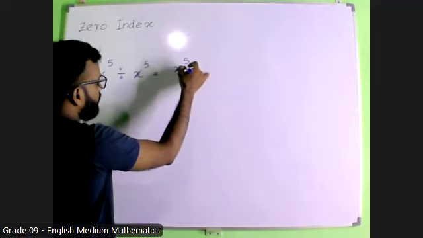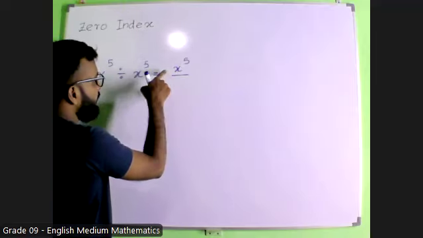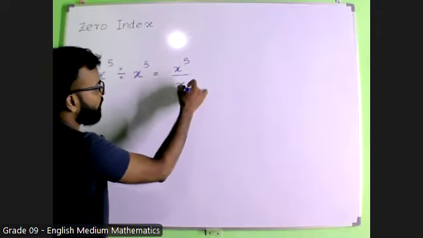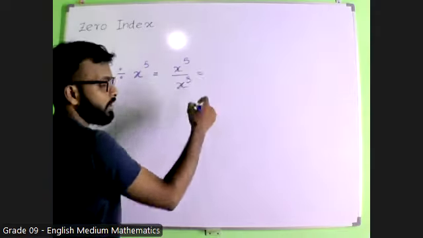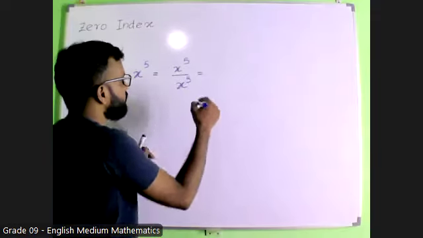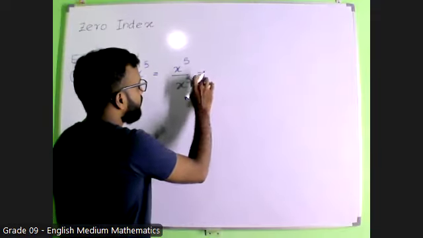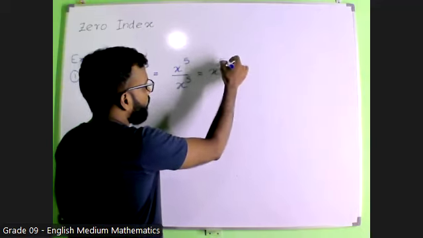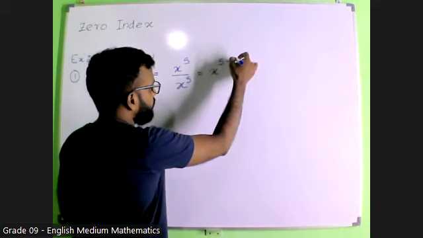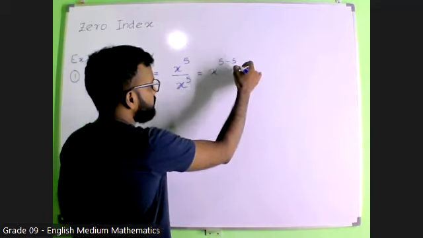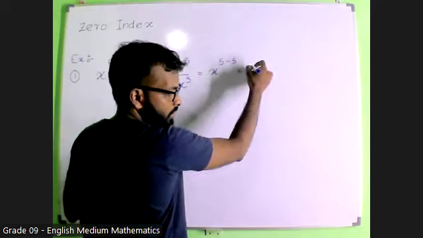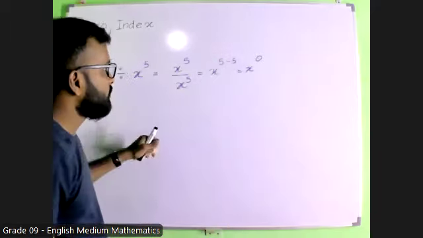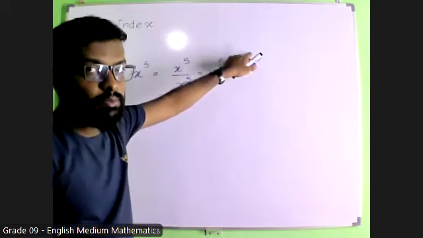That means you can write x to the power 5 divided by x to the power 5, or you can use the indices rule: x to the power 5 minus 5 equals x to the power 0. So this is how the zero index becomes.